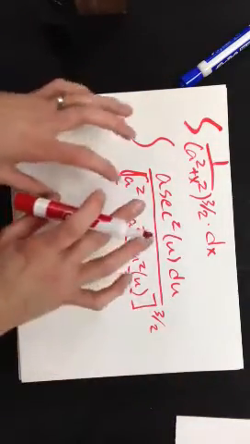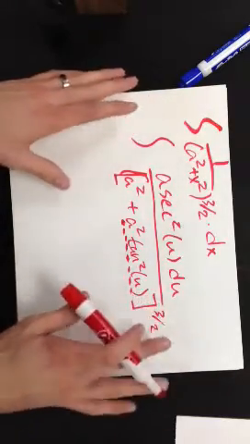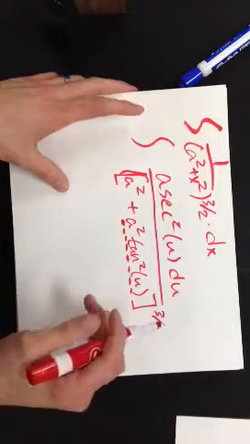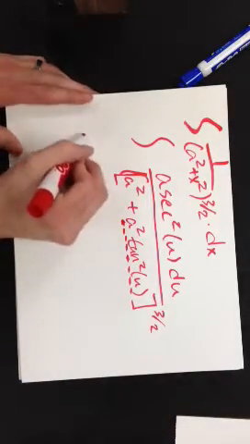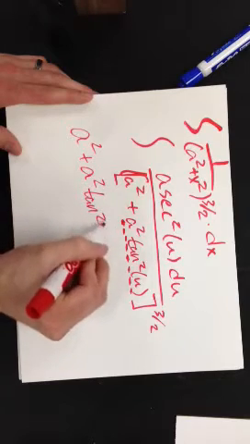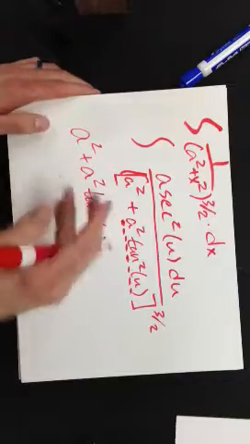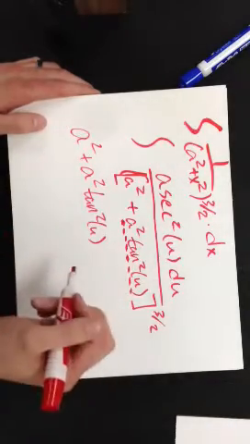Let's work with our denominator and see if we can get that into something a little more manageable. So I'm going to rewrite my denominator, a squared plus a squared tan squared u. Now, looking at that, they both have an a squared, so I can factor that out.